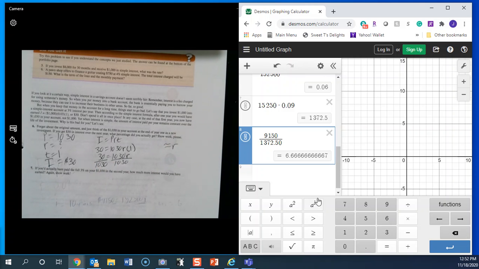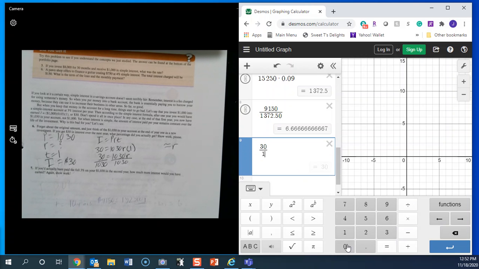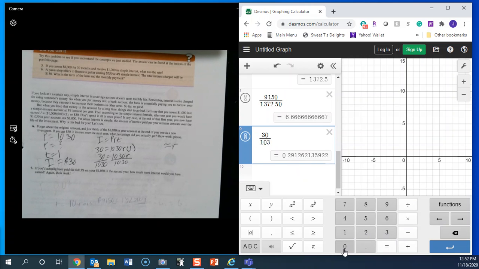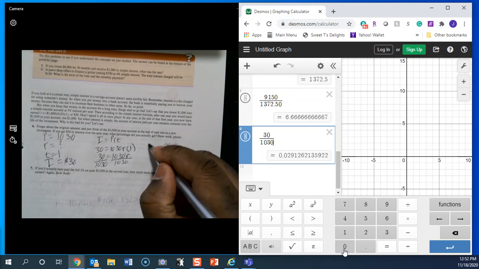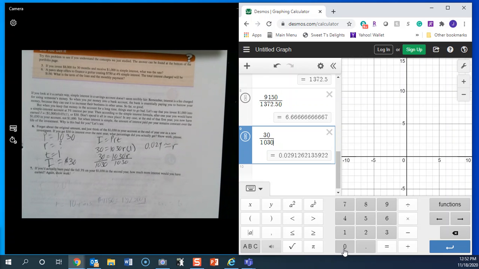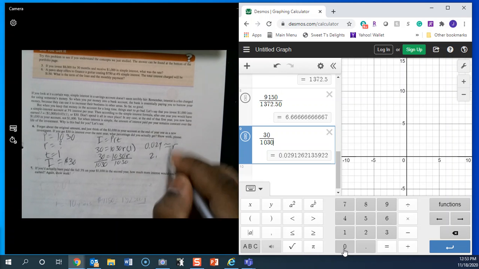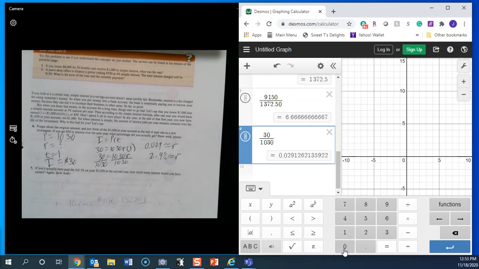And we'll put 30 divided by 1,030 in our calculator. If we round this to 3 decimal places, it'd be 0.029. So our percent is approximately 2.9%. That is our R.